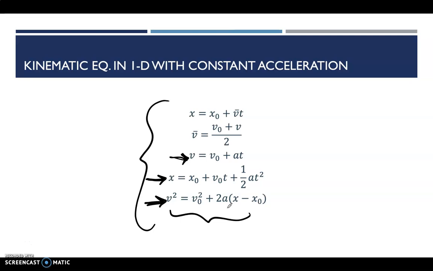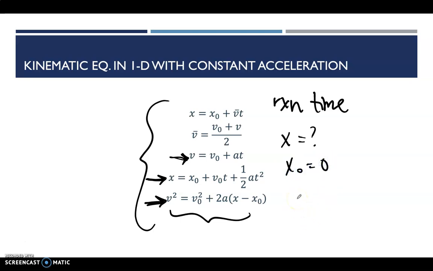I believe we will need to use this equation up here. So we're looking at the reaction time. This is purely looking at how long it takes for this person to start stopping the vehicle. We have x that is unknown. Our initial x naught is 0.